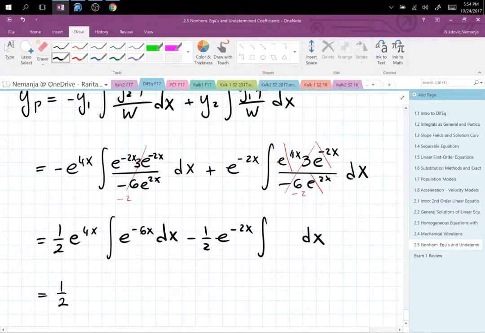Which one? Which negative you didn't see? Well, I'll zoom in. Negative 6 e to the 2x. Or no, because it's on the denominator, that's what it's. Yeah. 6x. Good. Integral of e to the negative 6x is e to the negative 6x divided by negative 6.